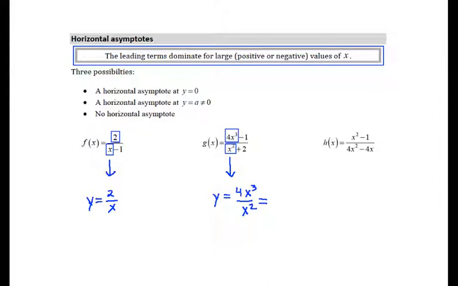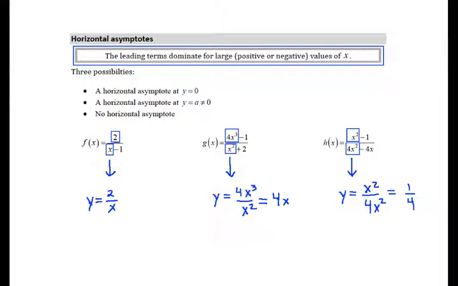Using the quotient rule, I can see that this is equivalent to y equals 4x. And finally, looking at this case here, I have a leading term of x squared on top and a leading term of 4x squared on the bottom. My end behavior for this function is going to be equivalent to the function y equals x squared over 4x squared. The x squareds in this case cancel, and I get just the number 1/4.